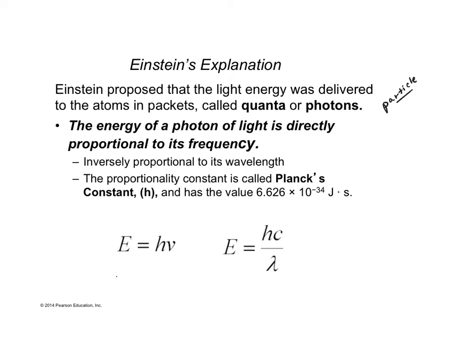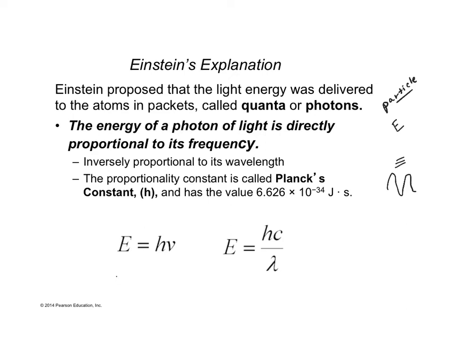He proposed that the energy of light was delivered in little packets of energy, which he called quanta or photons, okay? So instead of some sort of wave coming in, maybe the energy is delivered in these little packets. He proposed that the energy of these photons, or quanta, was directly proportional to the frequency of light and not to the amplitude.